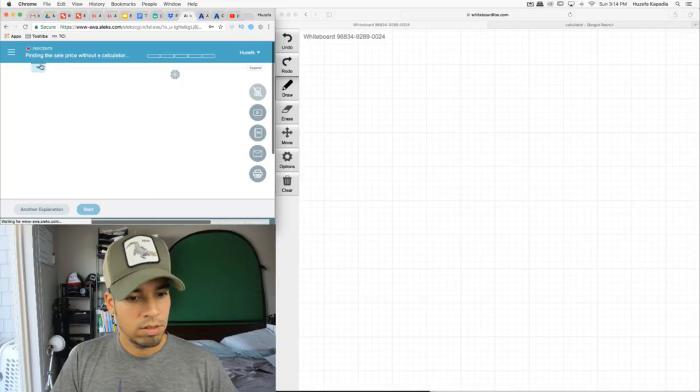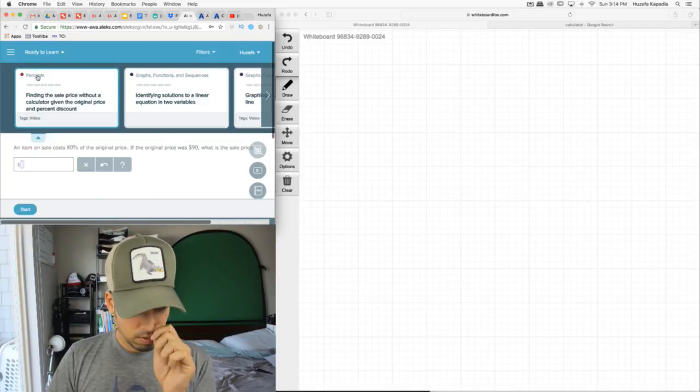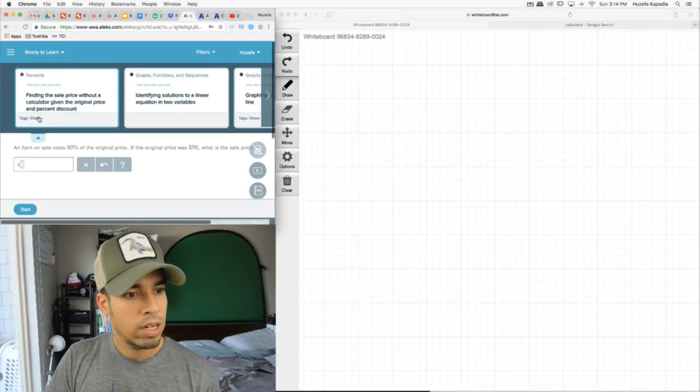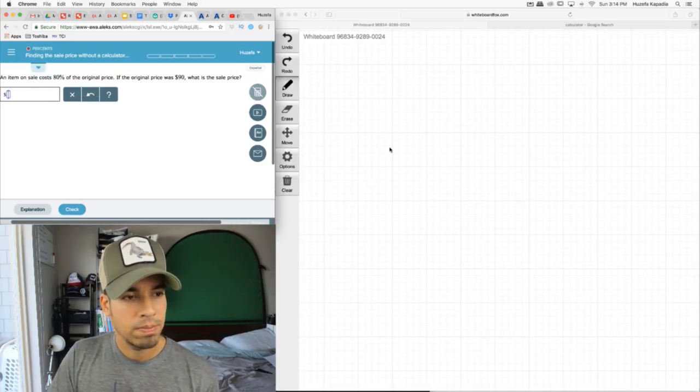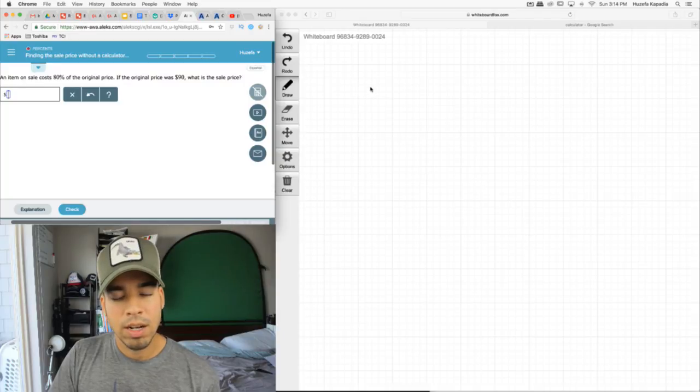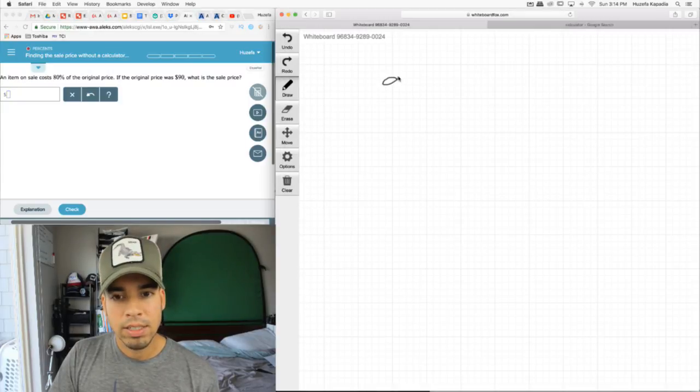Next, finding the sale price without a calculator given the original price and percent discount. An item on sale costs 80% of the original price. If the original price is 90, what is the sale price?